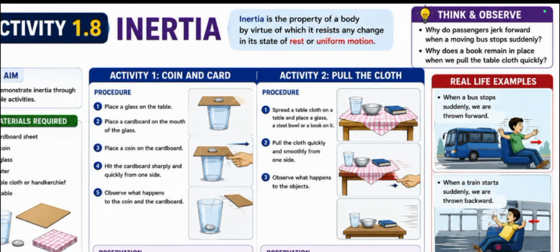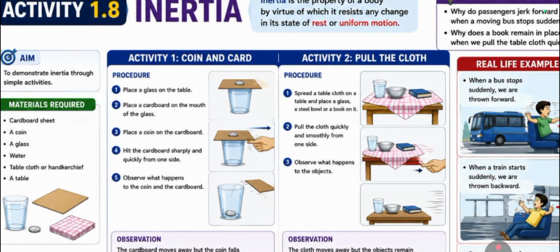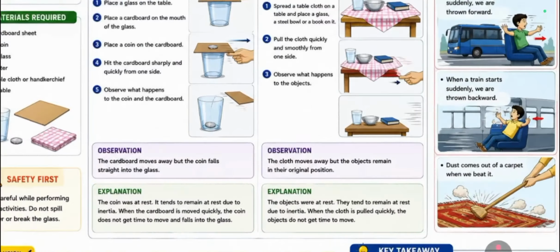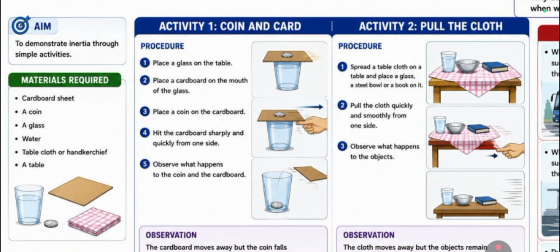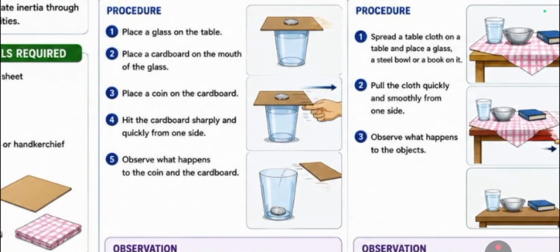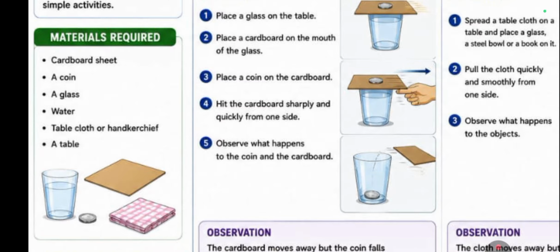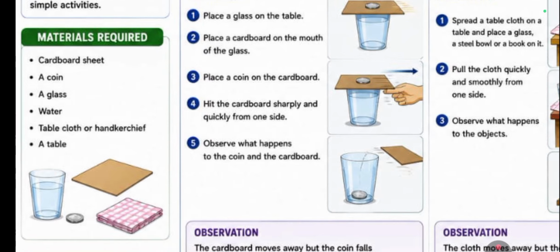Now the activity is given. Our aim is to demonstrate inertia through simple activities. The materials required are a cardboard sheet, a coin, a glass, water, a tablecloth or handkerchief, and a table. These are the required materials.